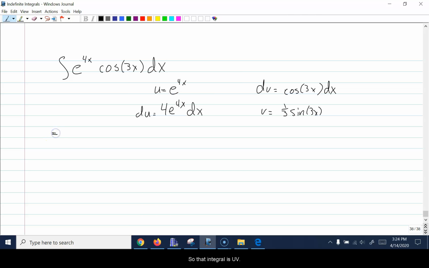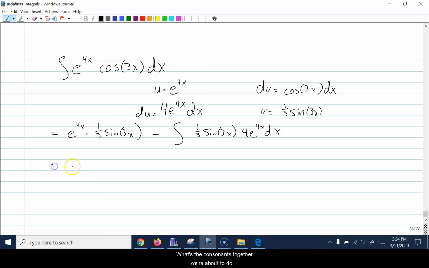So that integral is uv, e to the 4x times 1/3 sine 3x, minus the integral of v, 1/3 sine 3x, du is 4 e to the 4x dx. I'm going to smush the constants together because we're about to do integral by parts again.